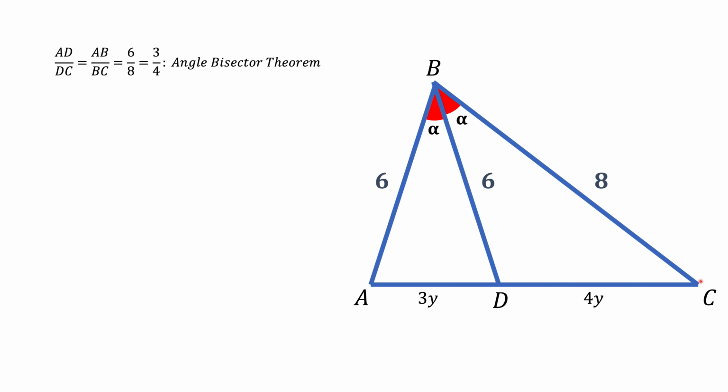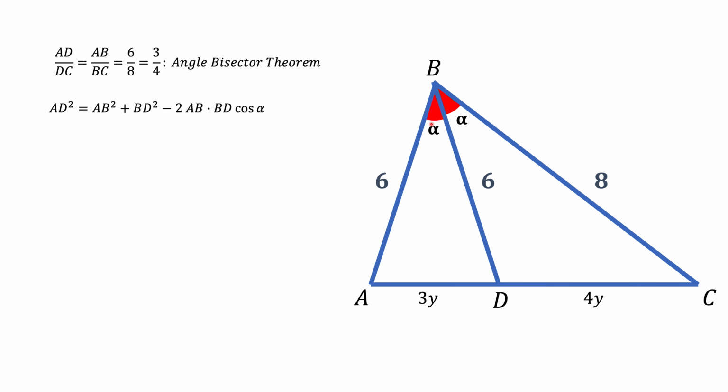And that kind of reminds me of law of cosines. For the triangle ABD, law of cosines says that this side AD squared equals to a side AB squared plus side BD squared minus 2 times AB times BD times cosine of the angle between them.